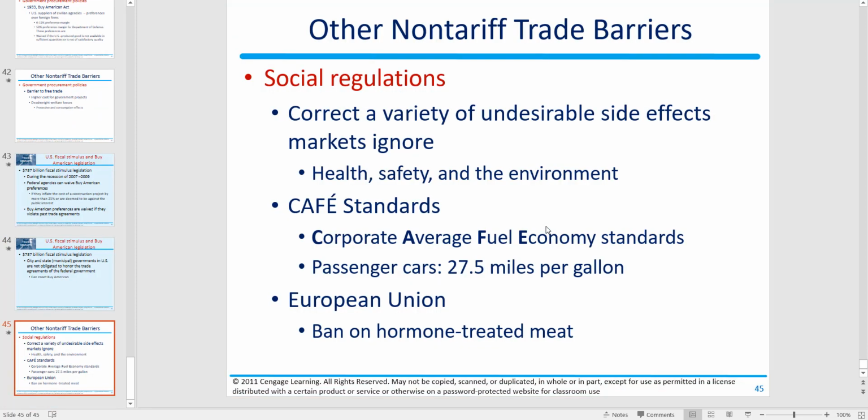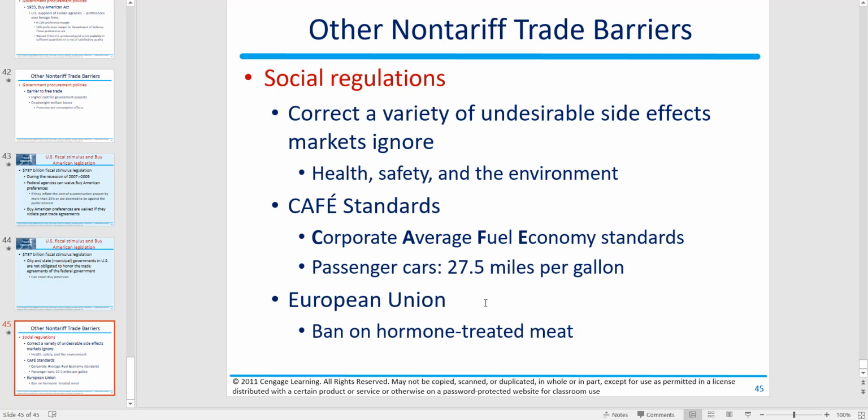So lastly, Gaarbaut talks about other forms of regulation that still comprise non-tariff trade barriers, such as social regulations. Those related, for example, with the environment, the Environmental Protection Agency, EPA, and with fuel economy standards, like the CAFE standards, and these are in the US, right?